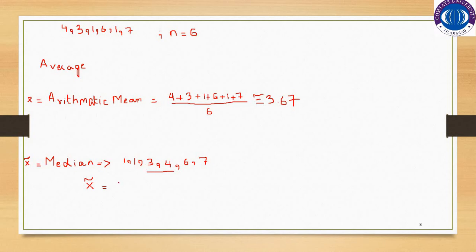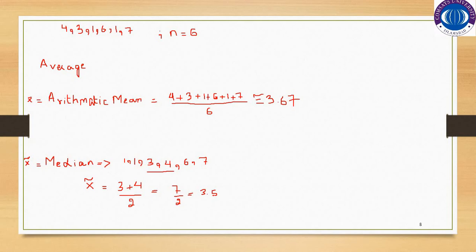You have two values, 3 plus 4 divided by 2. This would be 7 divided by 2, and this will be 3.5.